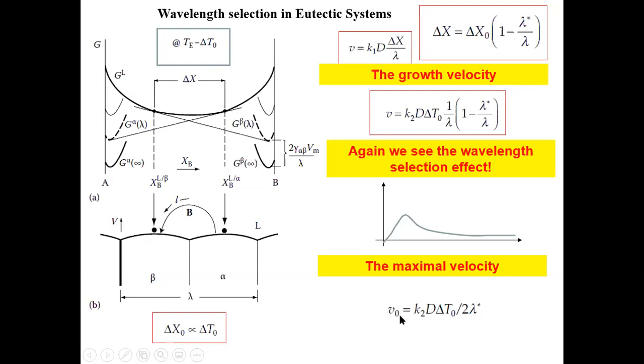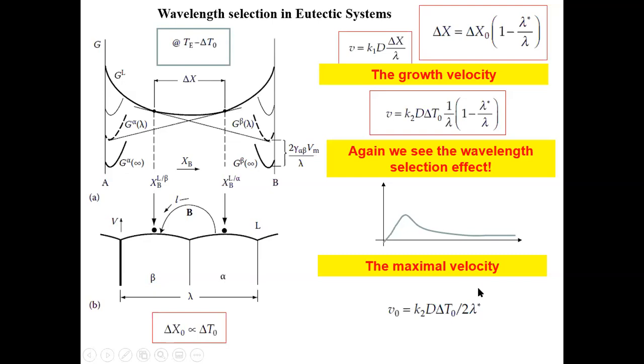Again, there might be some factor issues, but the key thing is that this factor of 2 can be absorbed in here. If we're just looking at the scaling, we know that V naught is proportional to delta T naught, but inversely proportional to lambda star. This is basically the maximum growth velocity you can achieve for the system.